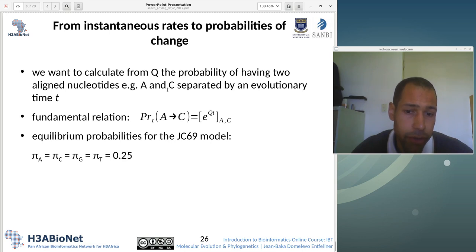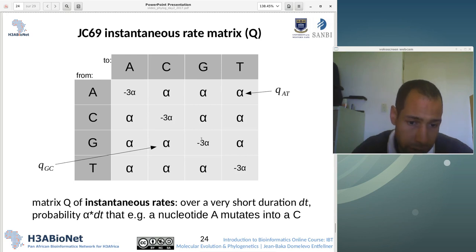There is a key mathematical tool that enables us to move from instantaneous rates to probabilities of change, okay? These are instantaneous rates. The probability to have a mutation from A to C over time dt is alpha times dt, okay? But this dt must be an atomic amount of time, a very small amount of time, okay?